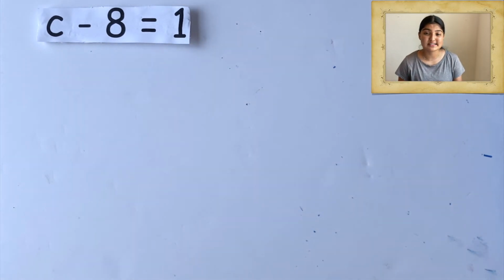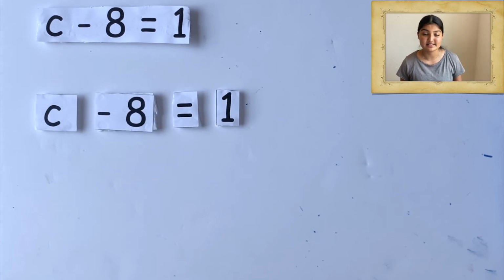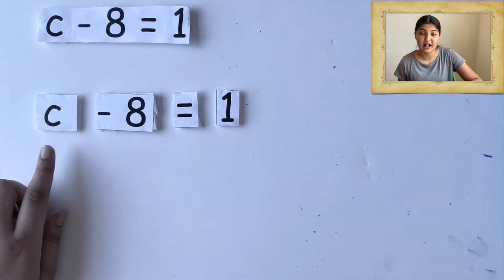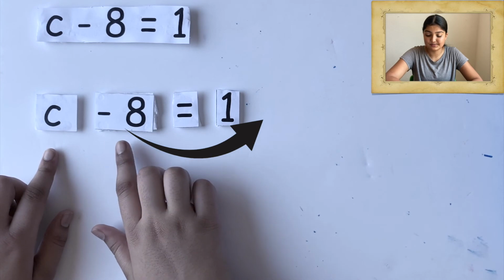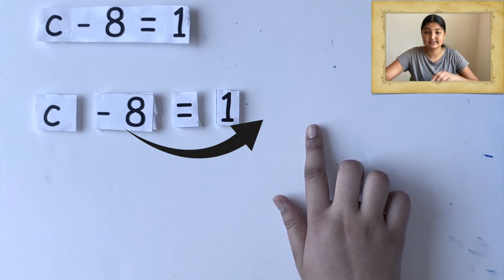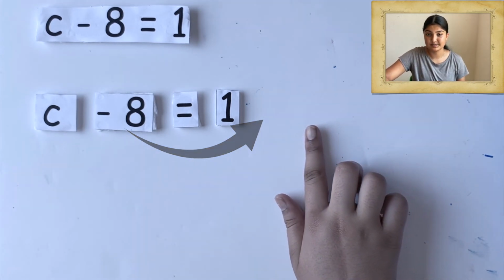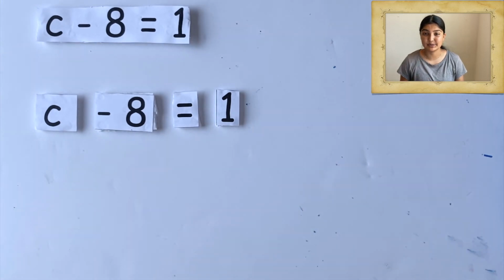So in order to solve this equation, let's start by writing it again. Keep in mind that in order to solve and find the value of c, we must take everything else to the other side of the equal sign. So let's do it.